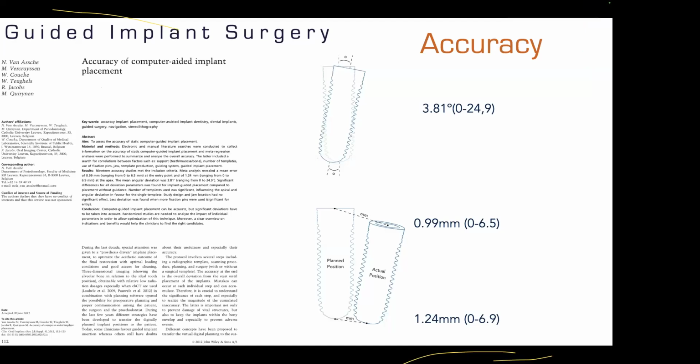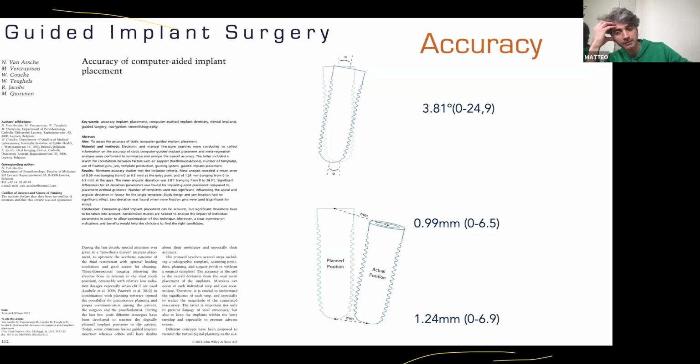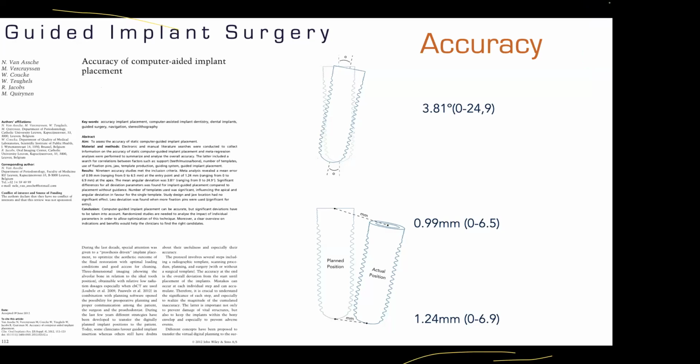Professor, I'm sorry, it was like 6.9 degrees or millimeters here? Millimeters. Супер. Да, но что нас интересует, это не только среднее значение погрешности, но и разбег: от 0 до почти 25 градусов. А в миллиметрах, на уровне шейки и на уровне апекса, погрешность может быть от 0 почти до 6-7 миллиметров.